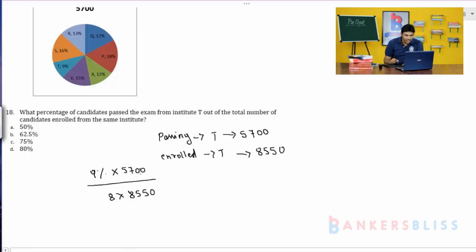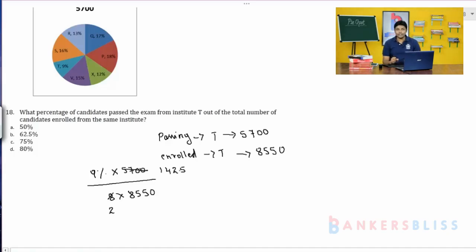So now see here, 5700, is it divisible by 8? See, 8 8s are 64, 6 carry over, 8 7s are 56. So it is not divisible by 8. So you divide it by 4. 4 2s are 8, 4 1s are 4, 4 4s are 16, 1 carry over, 4 2s are 8, 4 5s are 20.